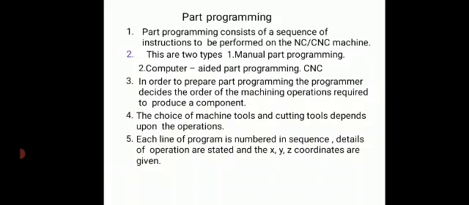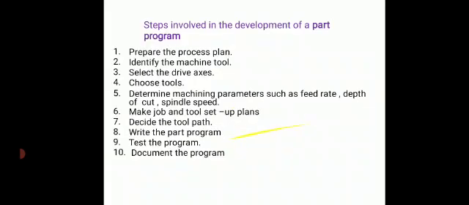To prepare a part program, the programmer decides the order of the machining operations required to produce a component. The choice of machine tools and cutting tools depends upon the operations. Each line of the program is numbered in sequence. Details of operations are stated and x, y, z coordinates are given.